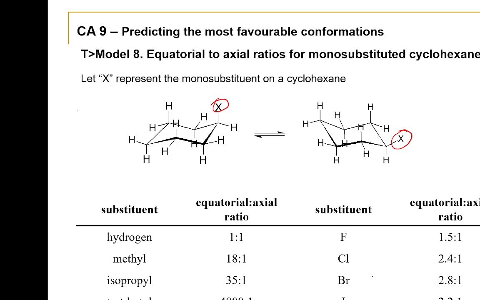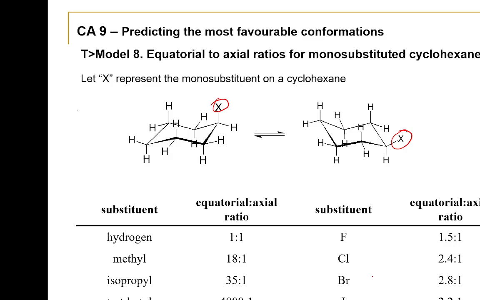And if that X is just hydrogen, well then both conformers would be equally stable. Look at what happens if the X is a methyl group. The conformer in the equatorial position is 20 times more common.